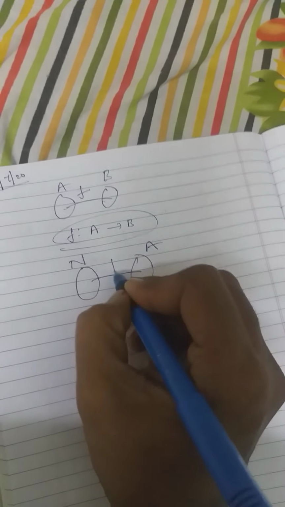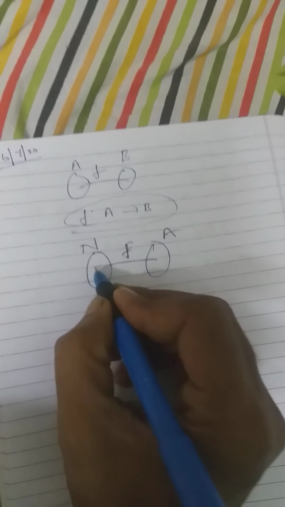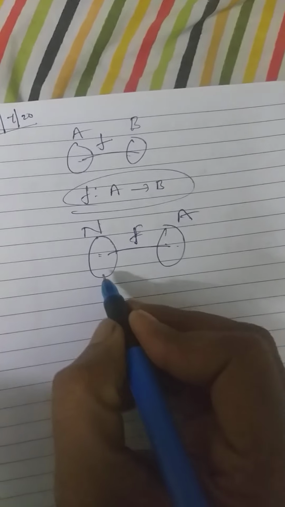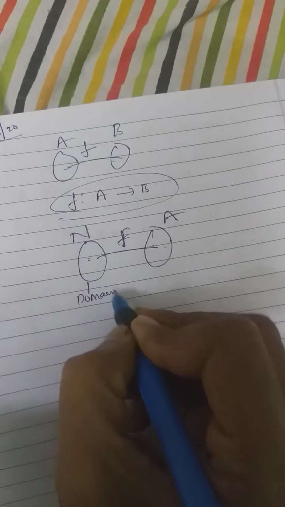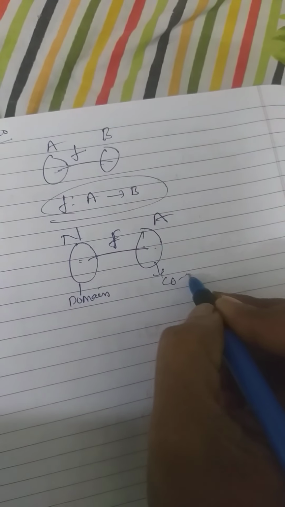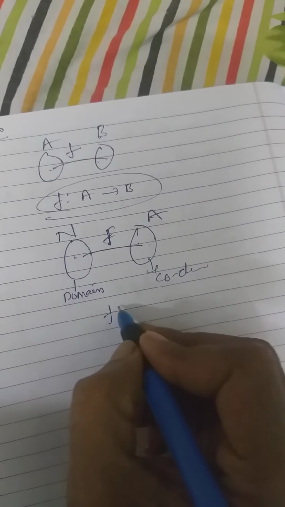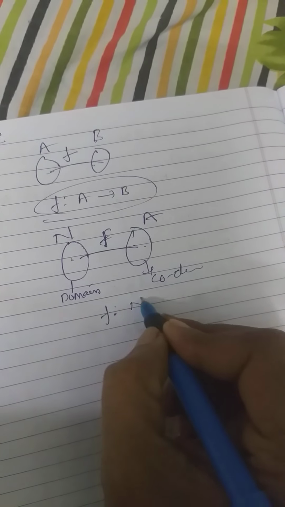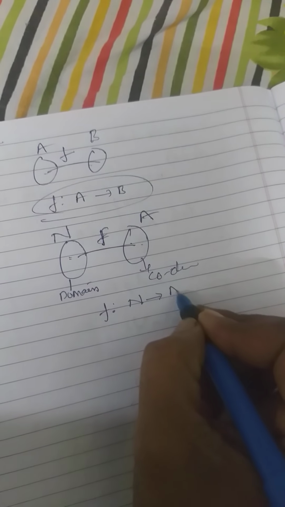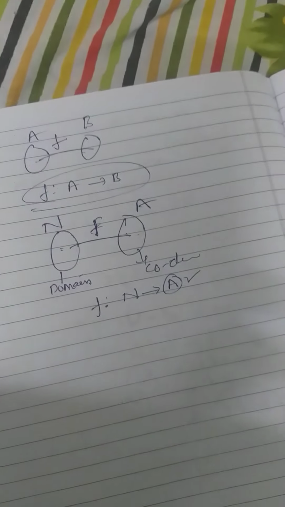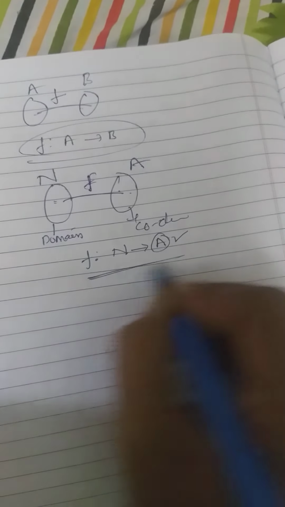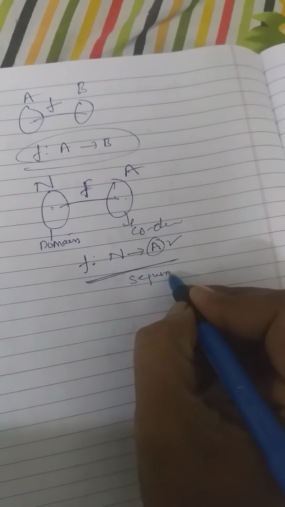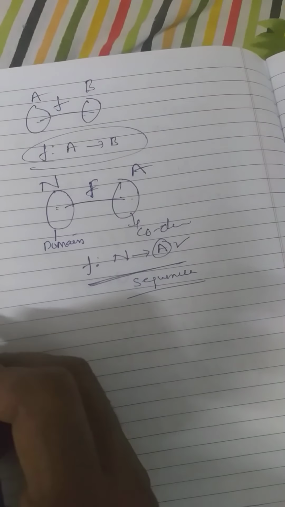A function f from N to A, where N is called the domain and A is called the codomain. A function from the set of natural numbers to a set A, which may be any set, any subset of real numbers. Now this function is called a sequence, right?